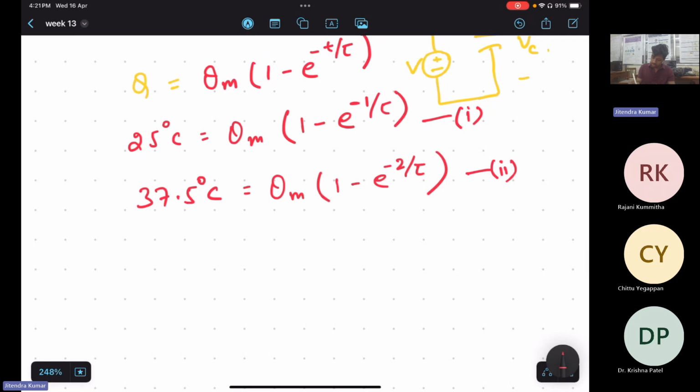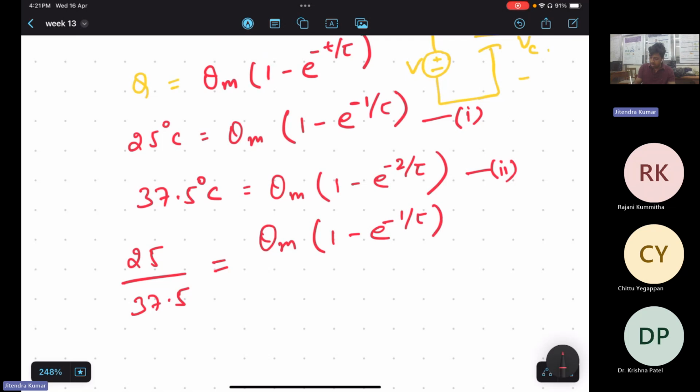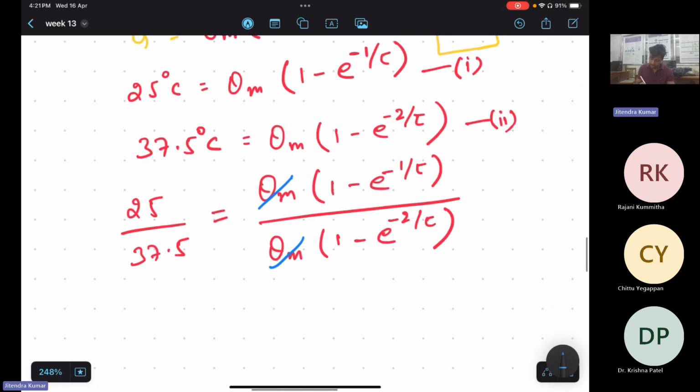So dividing, we have 25 divided by 37.5 equal to theta m times 1 minus e raised to power minus 1 by tau divided by theta m times 1 minus e raised to power minus 2 by tau. This theta m will be cancelled out.